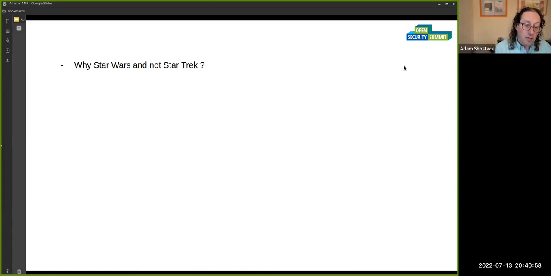So the tech doesn't matter to the story in the same way, right? In Star Trek, something broke, the ship doesn't move, or the ship is trapped somewhere, or whatever it is, it's not really a result of the technology. It's a result of the needs of the plot.